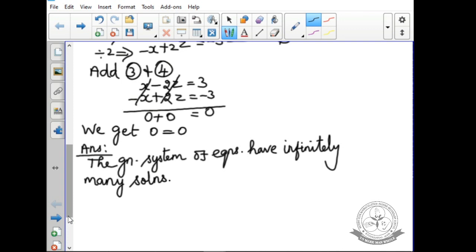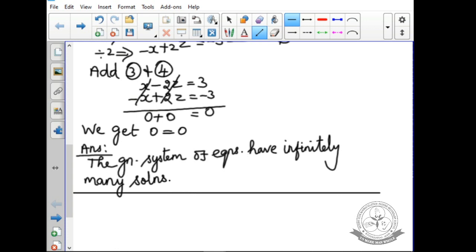Now the second one. Second solution. There also they give three equations.